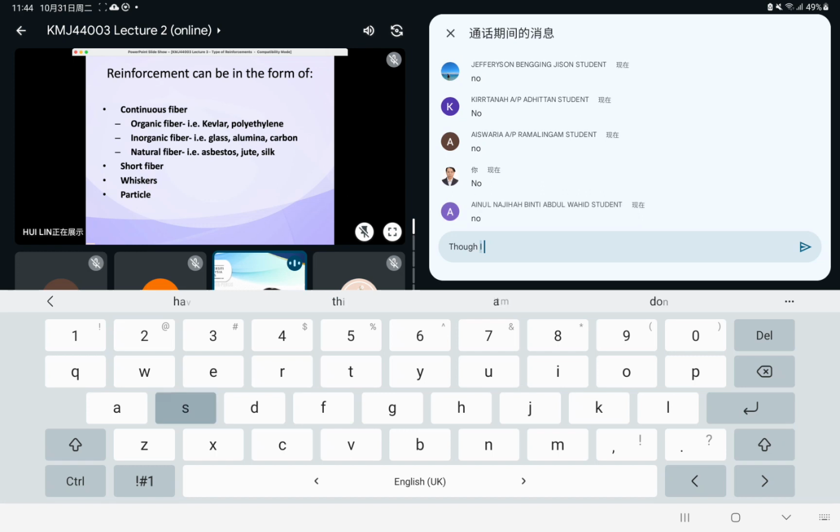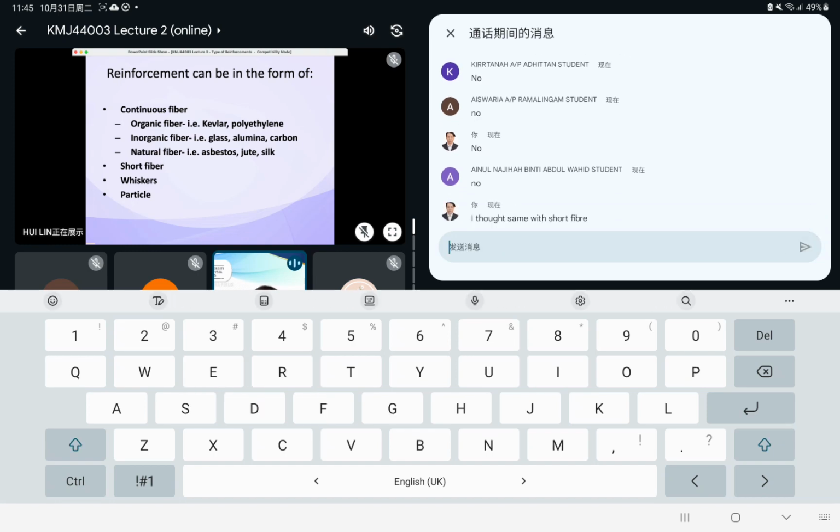Okay, whiskers, in a simple way, is like the cat's whiskers.